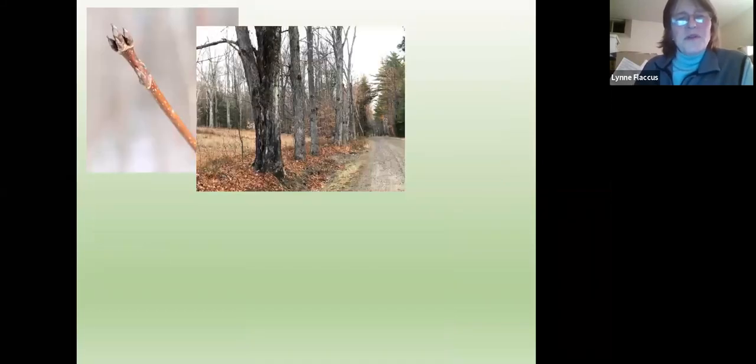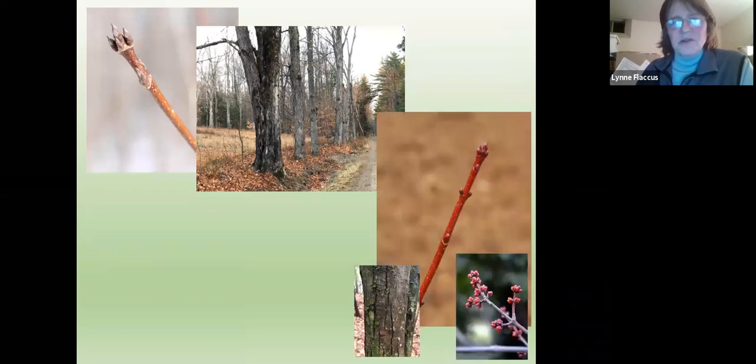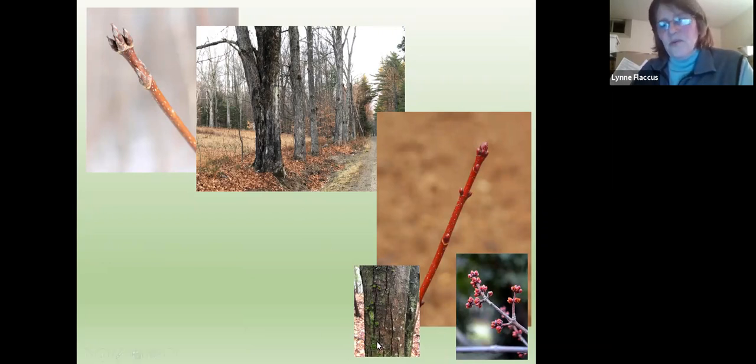So starting with those trees that are opposite, the two that are most common around here that you see on the sides of our scenic roads here in Tamworth are sugar maple and red maple. Sugar maple on the left has pointier buds, has very rough bark, and red maple has smoother bark, although it will shred a little bit more as it matures.